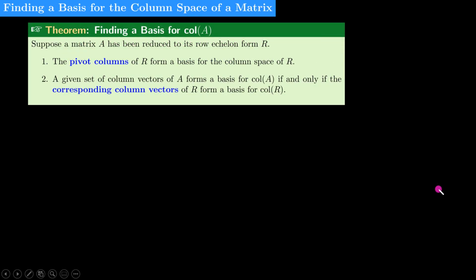Next, we will learn how we can find a basis for the column space of a matrix using this theorem. Suppose we have a matrix A that has been reduced to its row echelon form R. Now, there are two important observations. First, the pivot columns of R form a basis for the column space of R. Why is this the case?